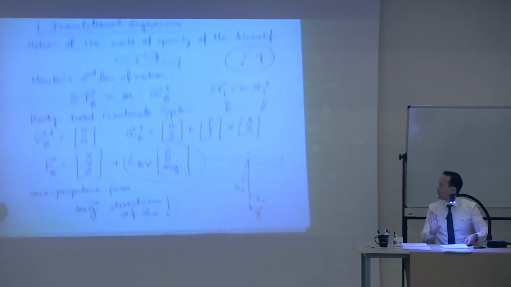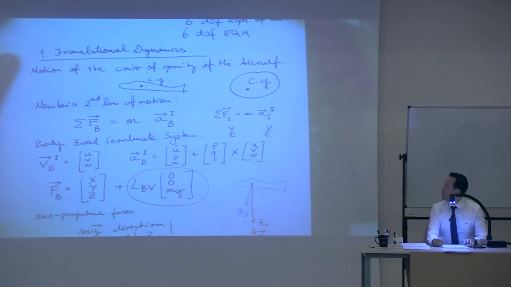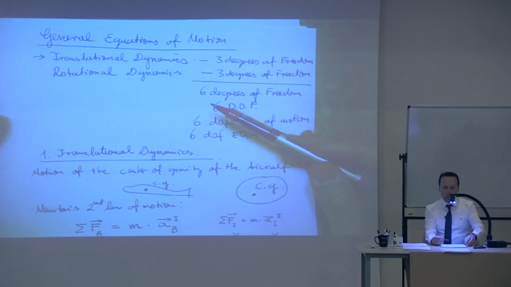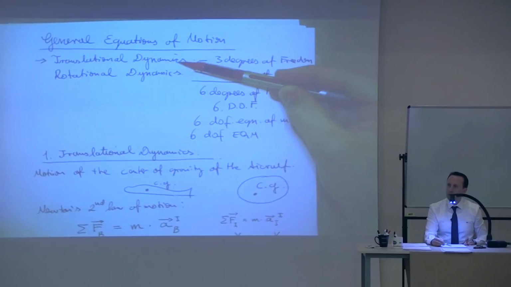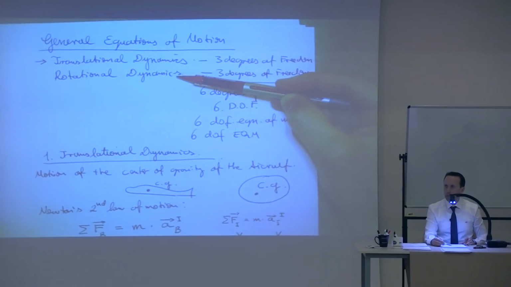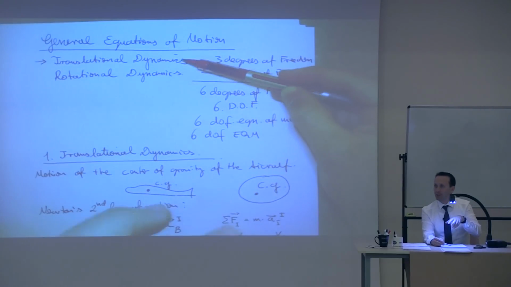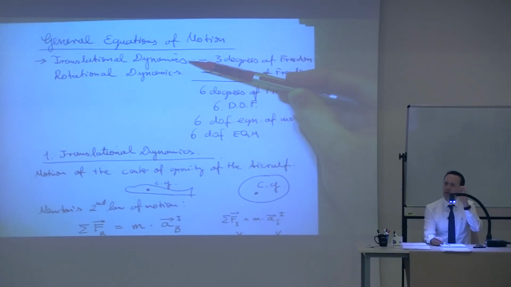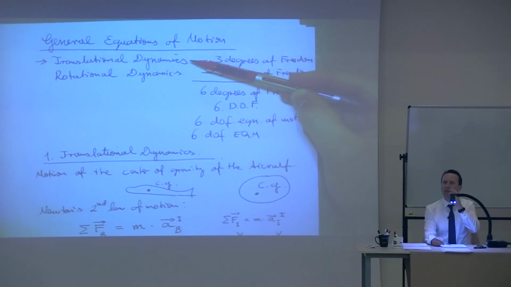Yes. Okay, let me come back here. There are two parts to our problem. One is the translational dynamics and one is the rotational dynamics. We will go back to the rotational dynamics after we are done with the translation. The translational dynamics only concerns, and this is an important point, it is actually quite obvious and clear, but I know students keep forgetting about this, the translational dynamics is all about the CG.